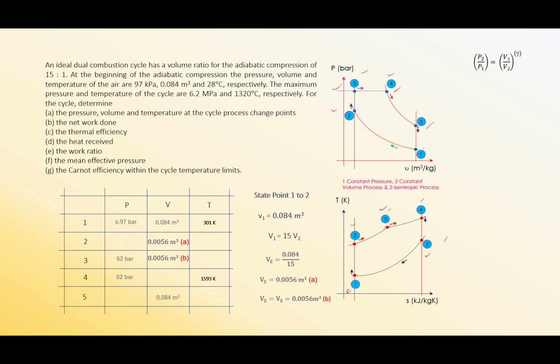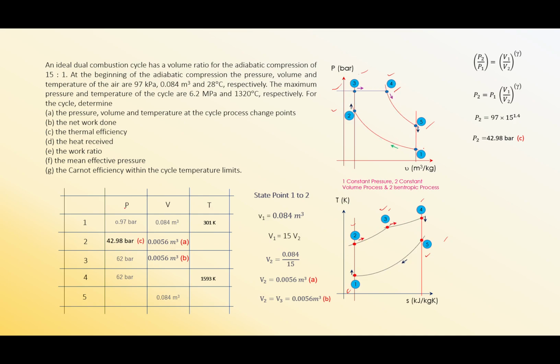From here you can find out your P2 by putting your P1 as 0.97 bar. You don't have to multiply by 10 to the power of 5, because you are finding P2 also in bar. So your P2 is 42.98 bar. Put this P2 into the table, filling up this space here: 42.98 bar.